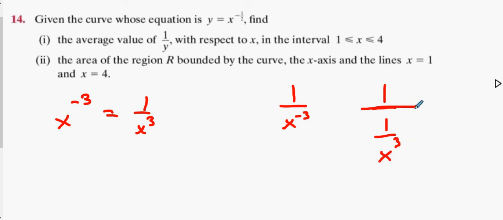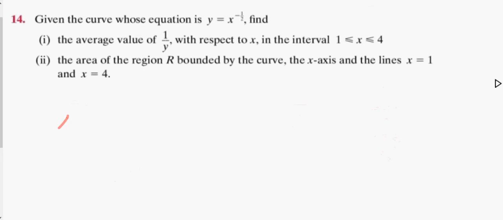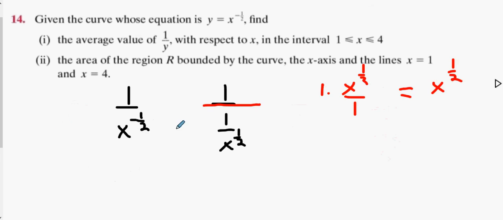When you divide a number by a fraction, as in 2 divided by a half, you flip the half upside down and multiply. So we bring this up and multiply instead, and that's why we'd get x cubed. If we go back to what I had on the board, we did the same here. We turned it into 1 over x to the power of a half, then brought it up and flipped it. Please ask questions, lads, alright?